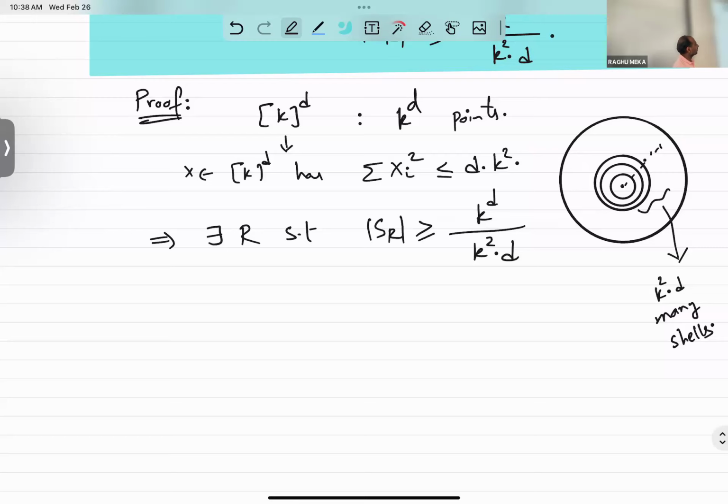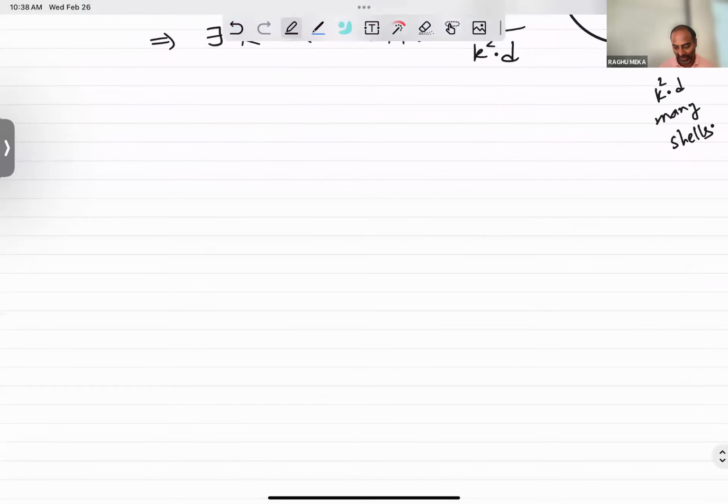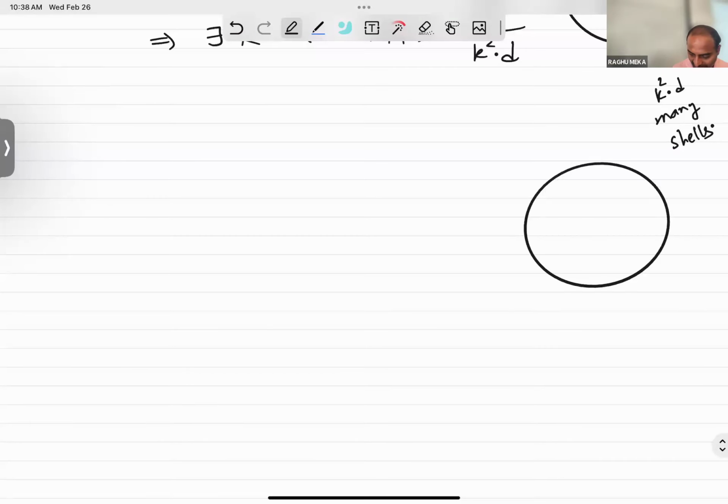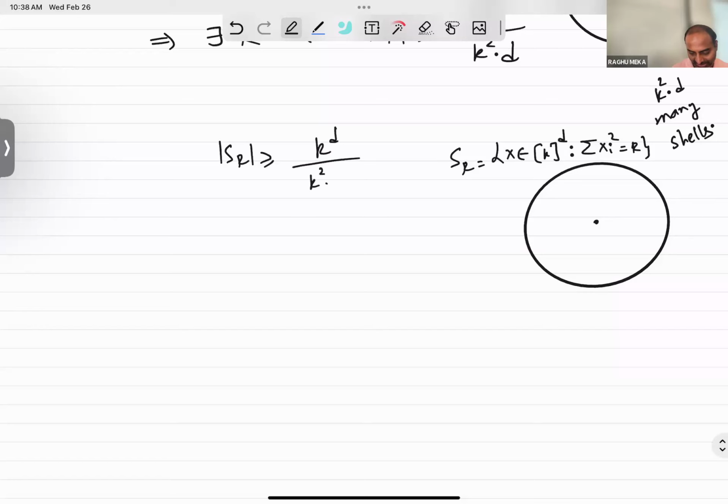So let's fix this R, which has a lot of points on that shell. So in summary, we have some shell. Again, this is in high dimension, so I'm drawing it in 2D, but that's fine. So SR is the set of x belonging to k to the d such that summation xi squared equals R. And we know that this set is pretty big, almost exponential size. How can I map these back to the integers?